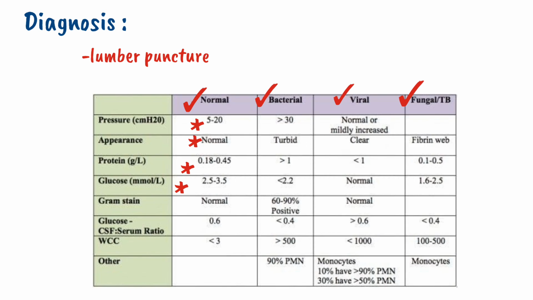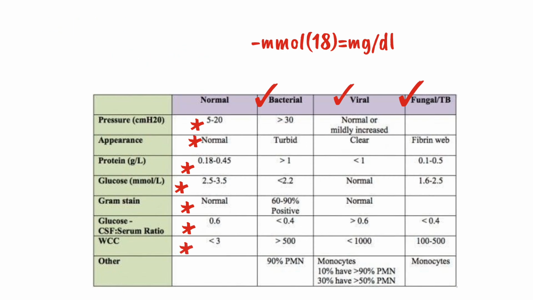To convert millimole per liter to mg per dl, multiply the millimole per liter by 18. So we will get the value in mg per dl. The gram staining will be normal. The CSF to serum glucose ratio will be 0.6 and the white cell count will be less than 3. So these were all the normal findings in CSF.